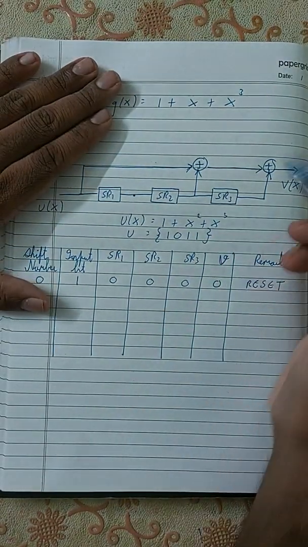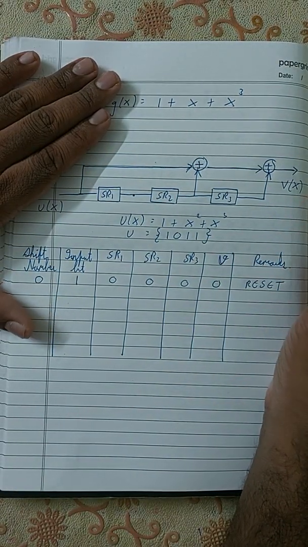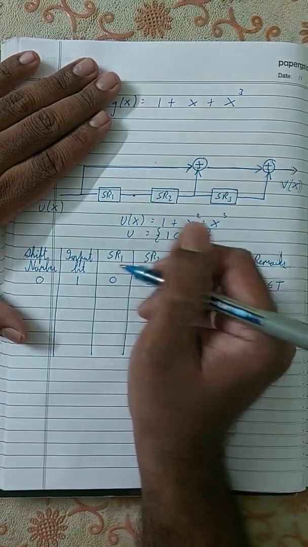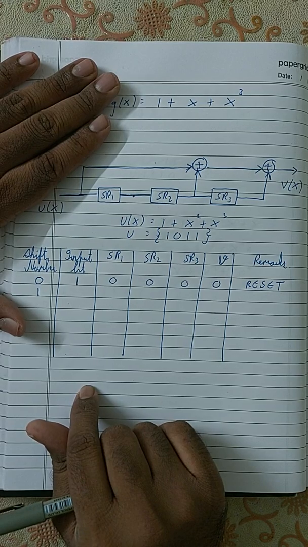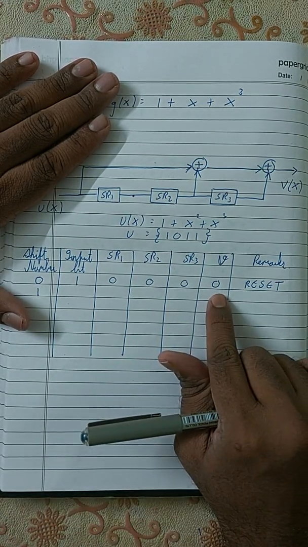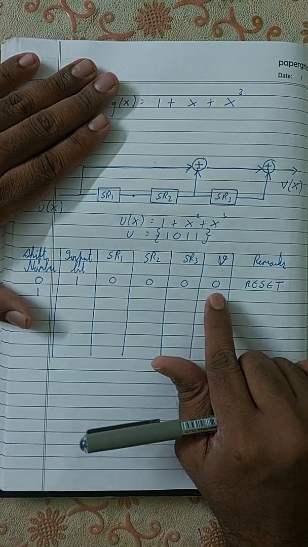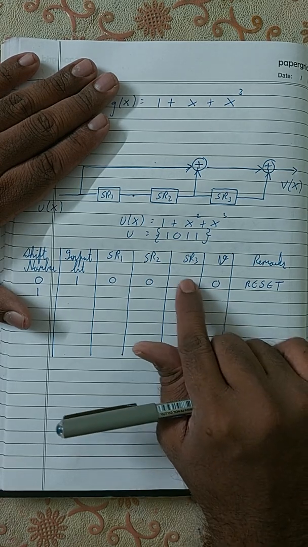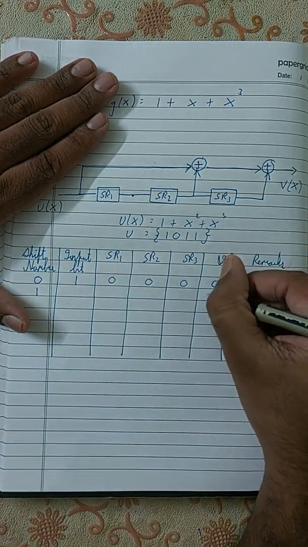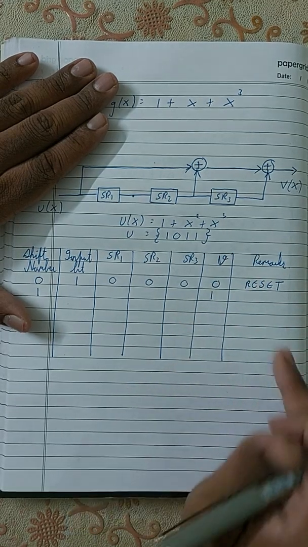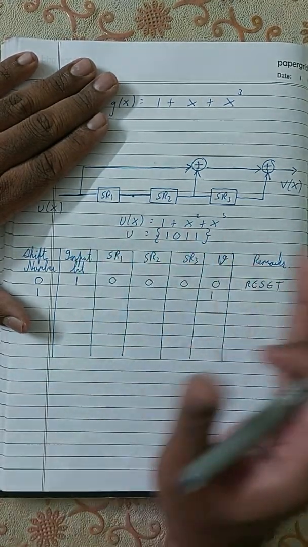So what happens in the first shift cycle is that I start from here and calculate the output. What will be the output? SR3 plus SR2 plus input bit: 0 plus 0 plus 1 is 1. Then everything is shifted.